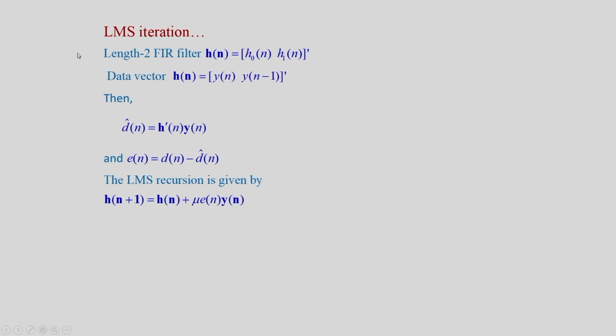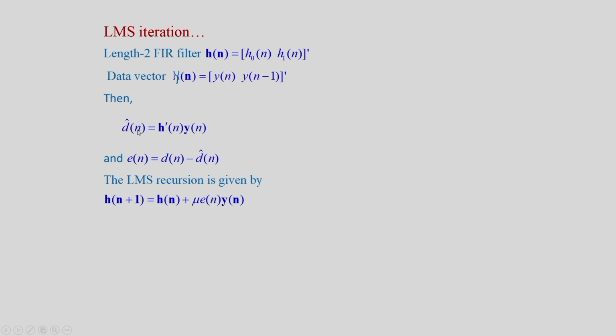Now, the LMS iteration will start. Take a length-2 FIR filter h of n, that is h0 of n and h1 of n transpose. These are the two filter coefficients. And the data vector y of n is given by this two component vector comprising of y of n and y of n minus 1.